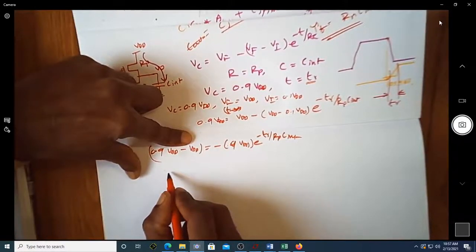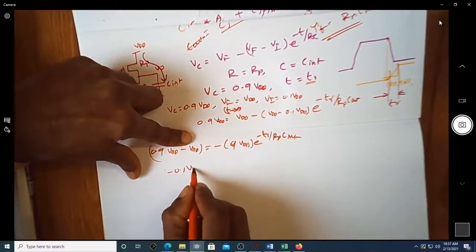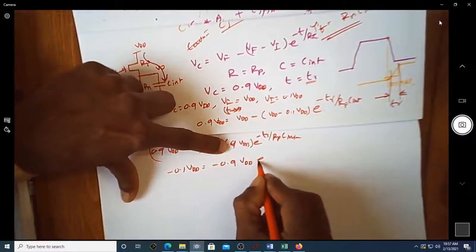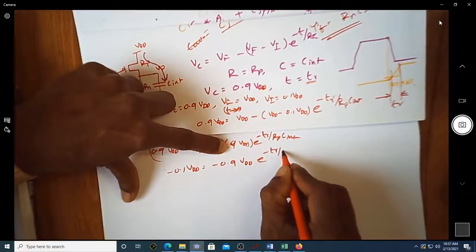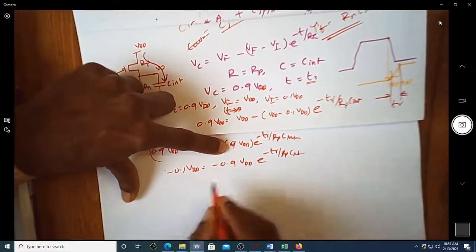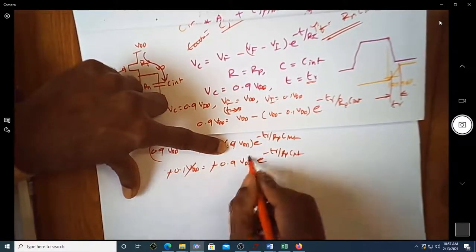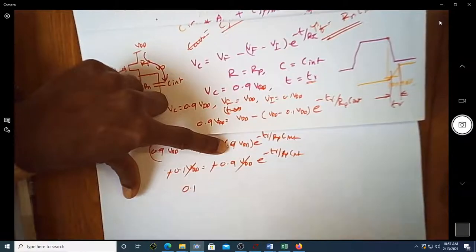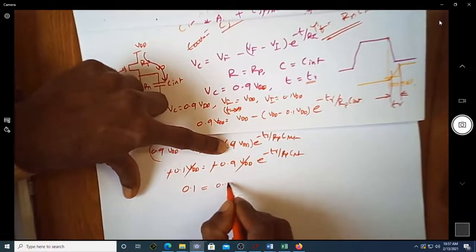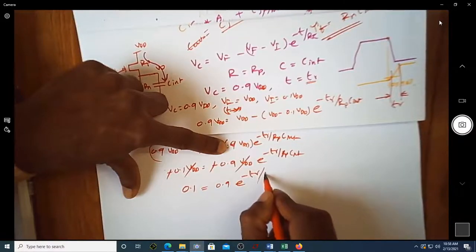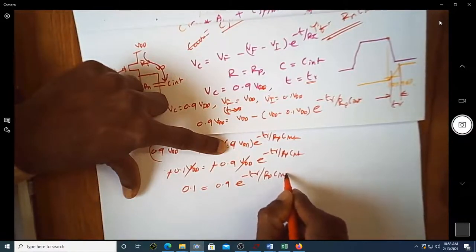So now this is minus 0.1 VDD is equal to minus 0.9 VDD e power minus tr by Rp into C intrinsic. You can cancel out the negative sign, and take out VDD also. Now it is 0.1 is equal to 0.9 e power minus tr by Rp into C intrinsic.